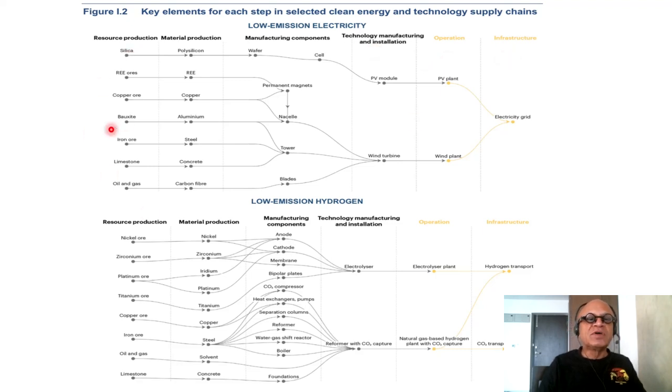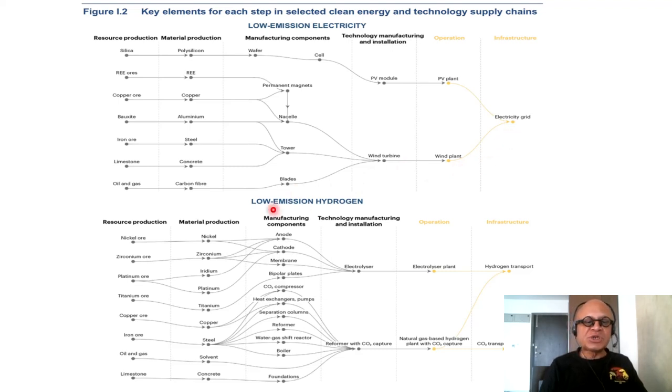So you go from resource production like silica, various iron ore, copper, bauxite, limestone, oil and gas, and you have material productions ranging from polysilicon, copper, aluminum, steel, concrete, carbon fiber, and then manufacturing components like wafers, cells, PV modules to electricity grid, permanent magnets, nacelles, towers, blades, etc. for wind turbines to build wind plants and add to the energy grid.